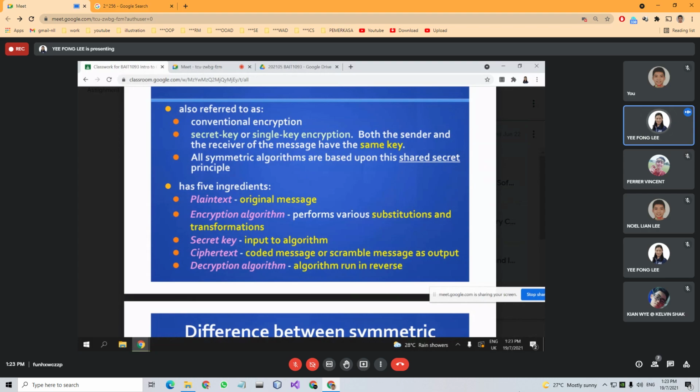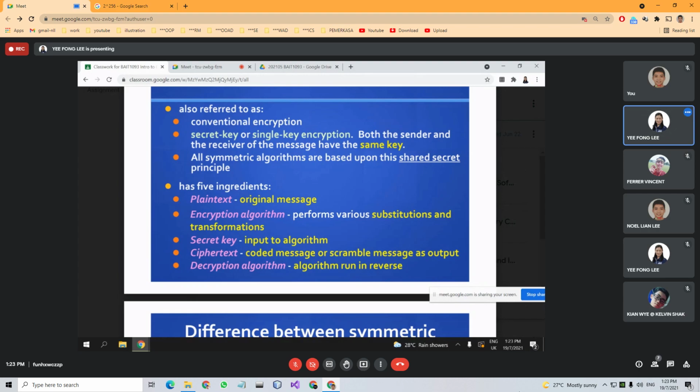Example, A replaced by B, and then B replaced by C. That is a substitution. But what is the exact secret key? The secret key here means whether A moves one alphabet later, it becomes B. If A moves two letters later, it becomes C. So that is a key, that is a secret key.